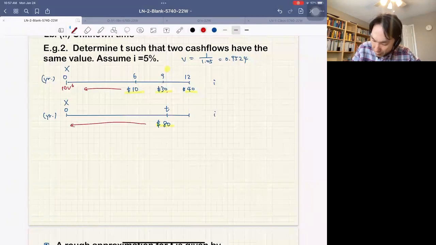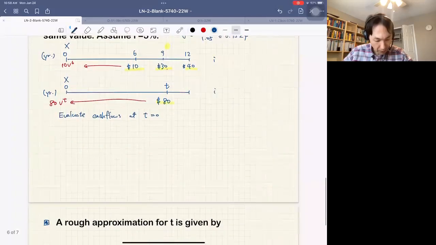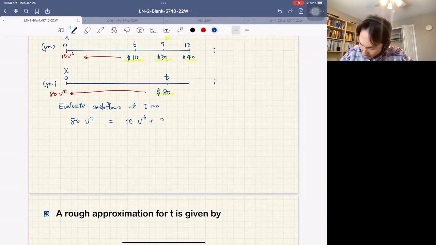And $80 is worth 80 times V to the power T. So that means evaluate cash flow at time 0. Then we can say that 80 times V to the T's power is equal to 10 times V to the 6th power plus 30 times V to the 9th power plus 40 times V to the 12th power.